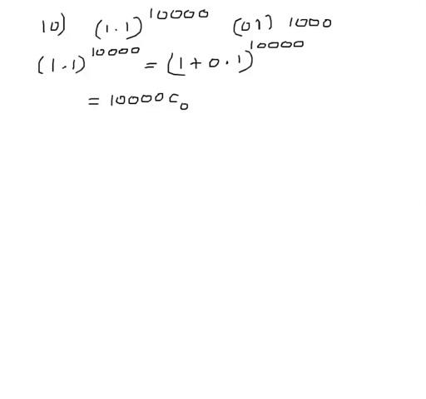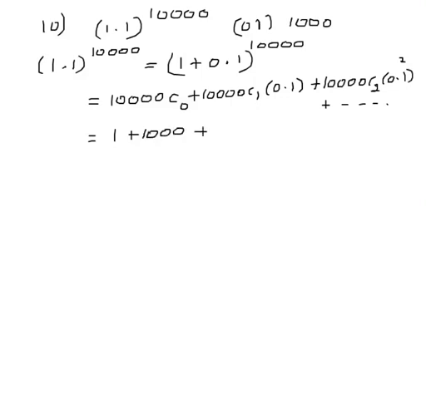10,000 C0 times 1 plus 10,000 C1 times 0.1. Next term is 10,000 C2 0.1 square plus etc. First term is 1 and the second term is 10,000 multiplied with 0.1 is 1000, plus you have positive terms here.